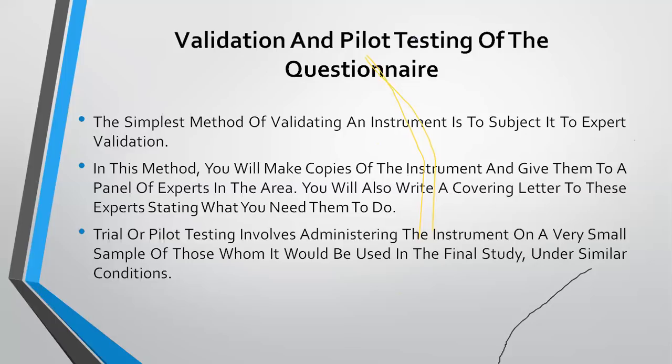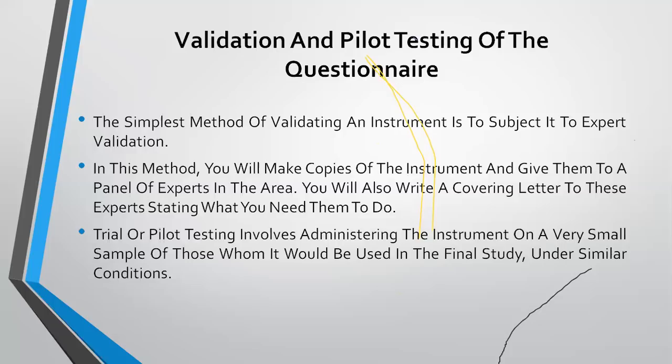You test your questionnaire, and this involves you administering the questionnaire on a very small sample of those whom you want to use for your final study. For example, you want to work on nurses. You can carry out a trial study or a pilot study by, okay, you want to use 500 people.